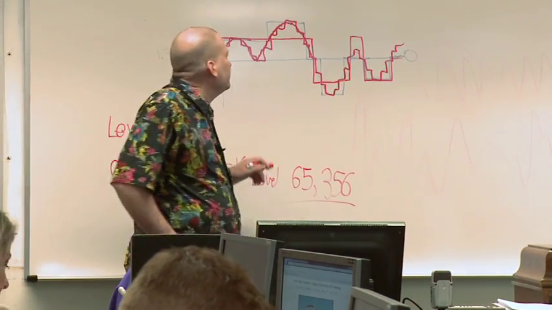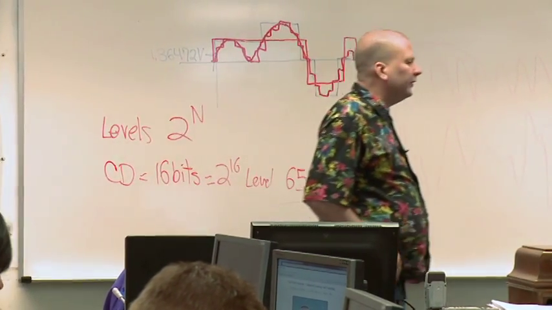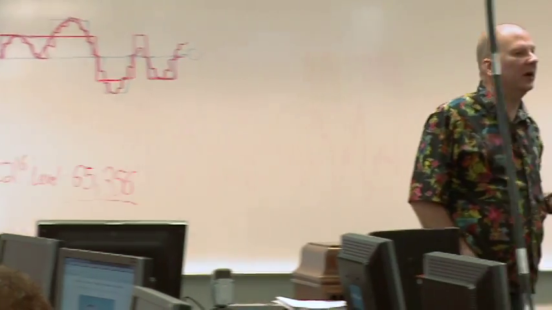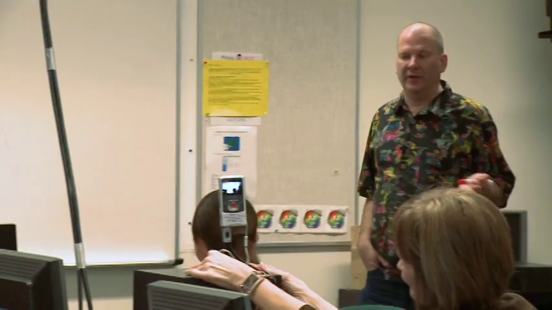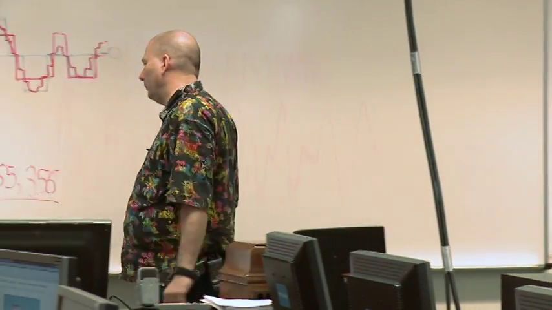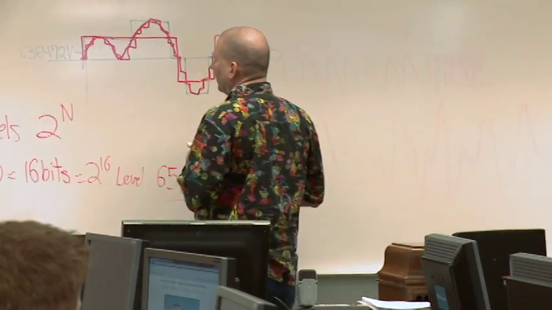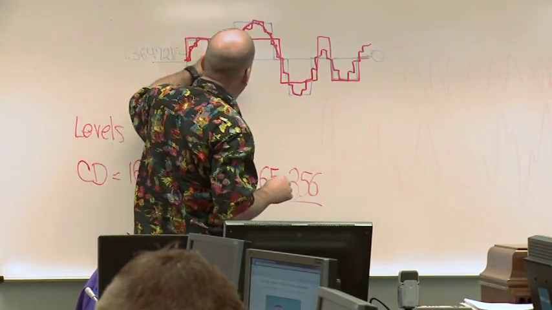In fact, there's a thing that we call the difference between the analog signal and the digitized one. If you subtract one from the other, what are you left with? Has anybody ever done that little mental exercise? Let's take the crude one.